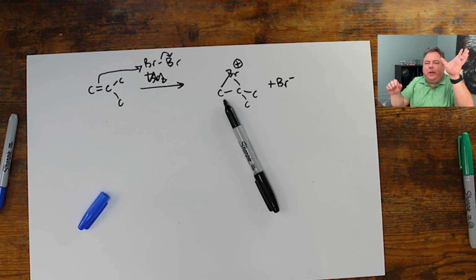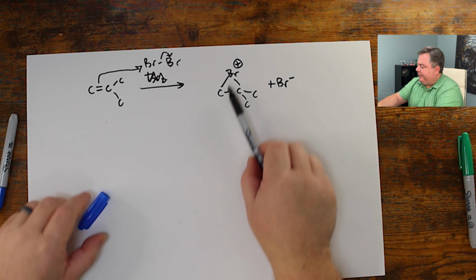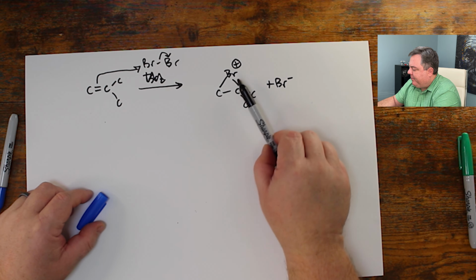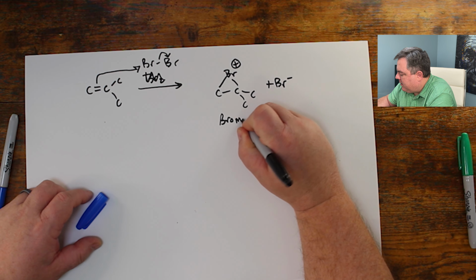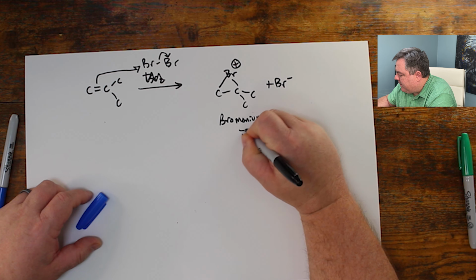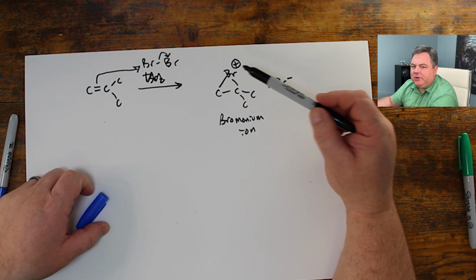The bromine is so big, one carbon can't hold it up, and the other carbon can't hold it up. So it takes both carbons to be able to hold up this bromine to make a bromonium ion. So it takes both carbons and it makes a triangle with a positive charge.